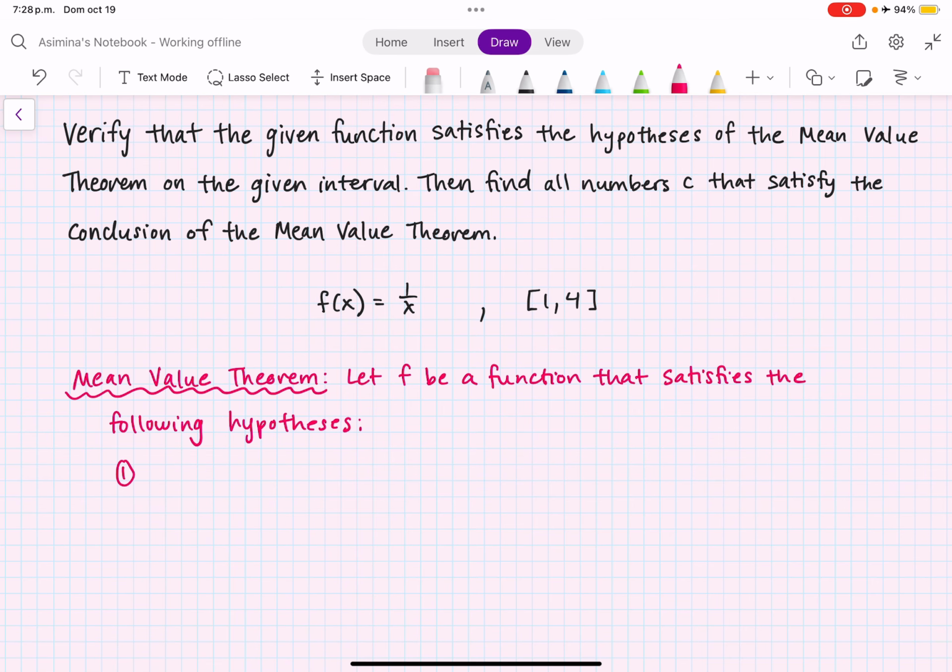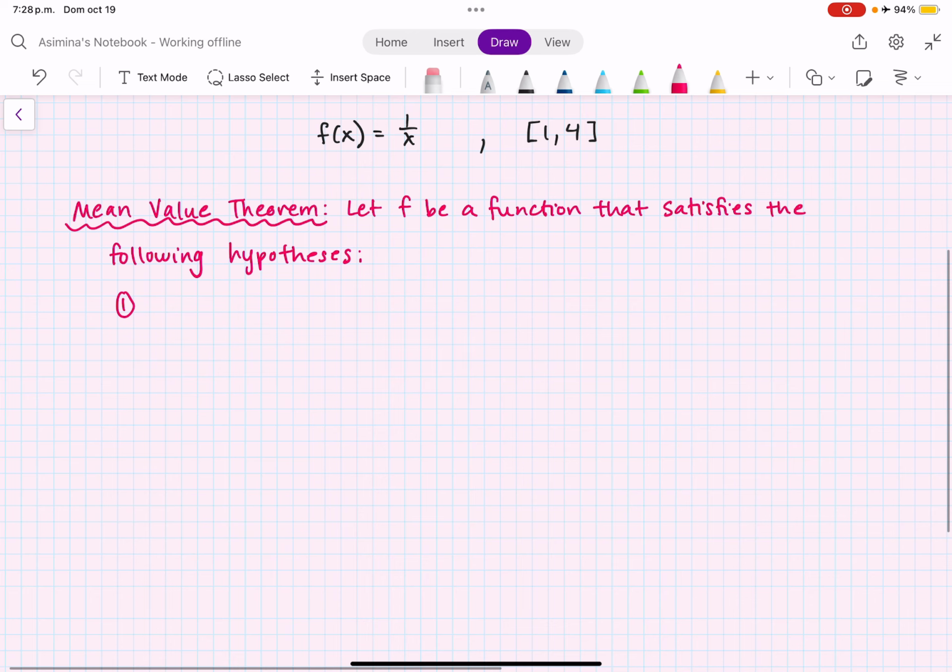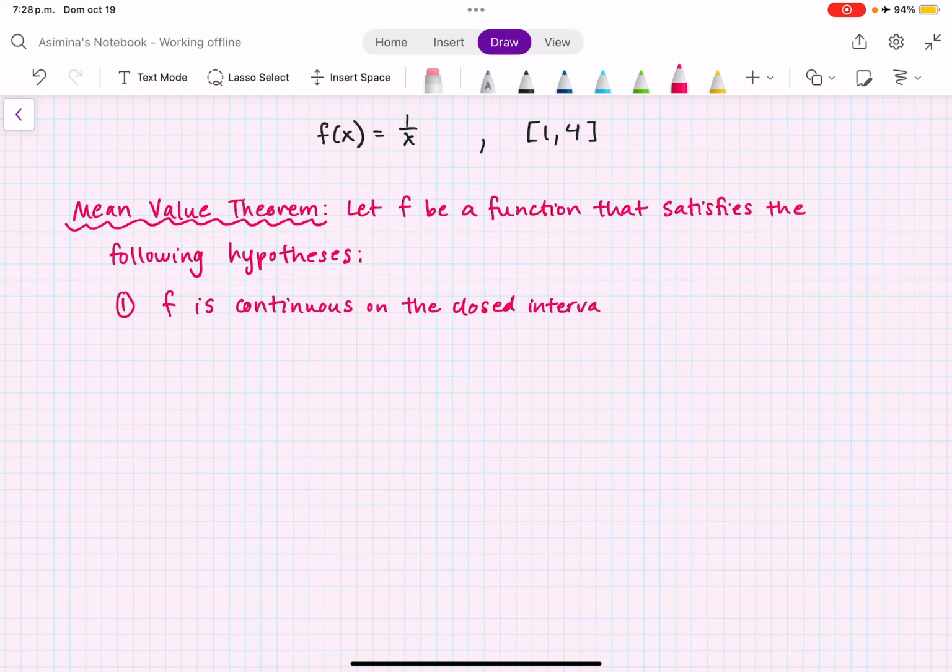The first one is that f is continuous on the closed interval a comma b. The second condition is that f is differentiable on the open interval a comma b.